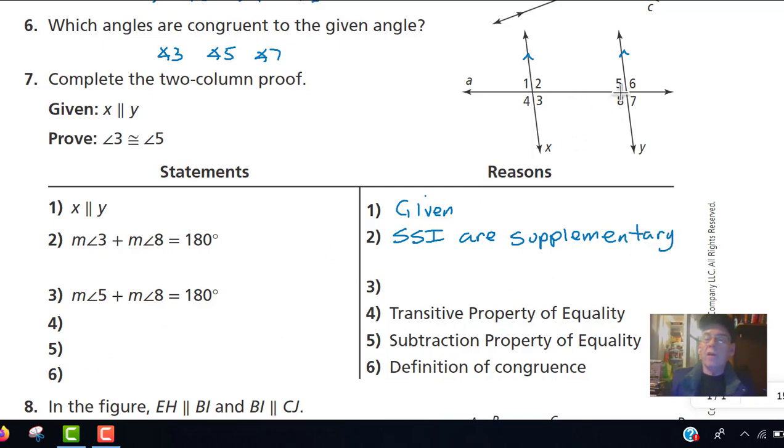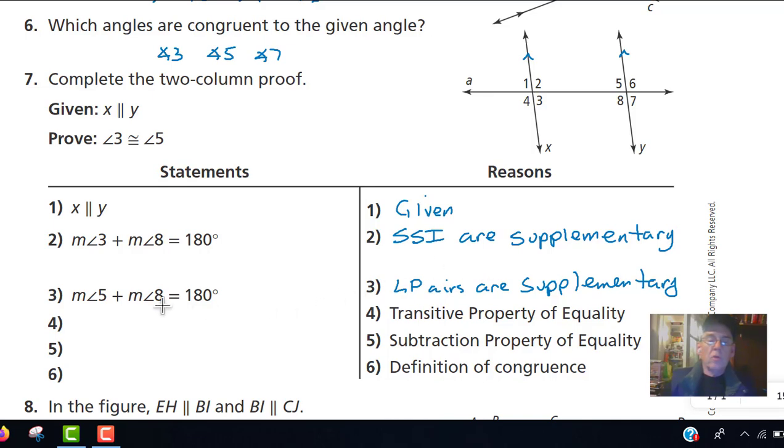Angle 5 and angle 8 are supplementary because 5 and 8 are a linear pair. So linear pairs are supplementary.